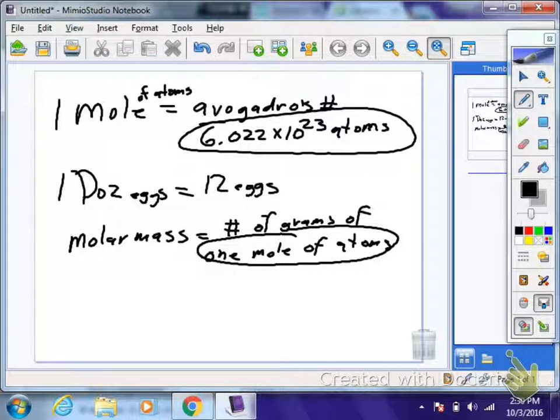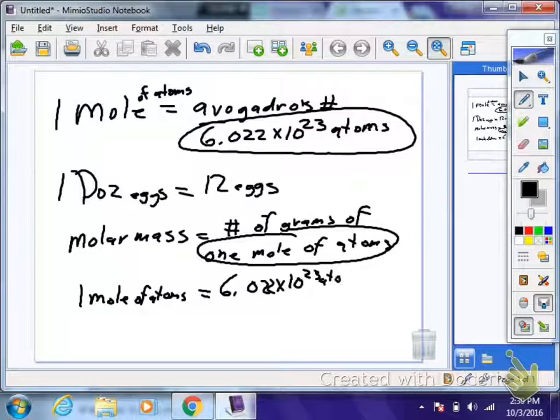So let's compare all these and see how they all work together. First of all, we know that 1 mole of atoms is equal to 6.02 times 10 to the 23rd atoms. Okay, so now where does weight come in?